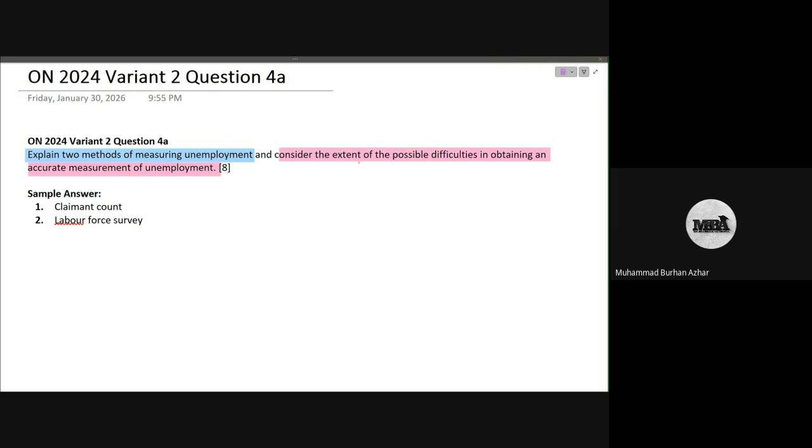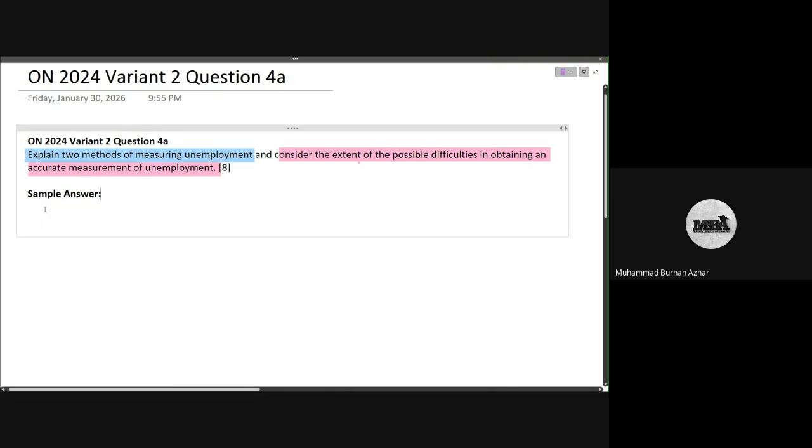And then we're going to talk about at least two possible difficulties that can arise. And then at the end, we're going to conclude with how these problems escalate in certain situations. So we're going to talk about developed versus developing economies and on what factors the extent of these difficulties depend on.